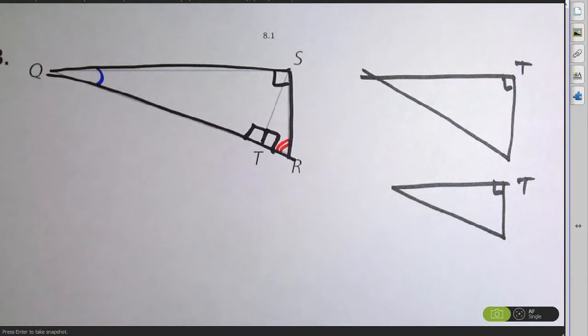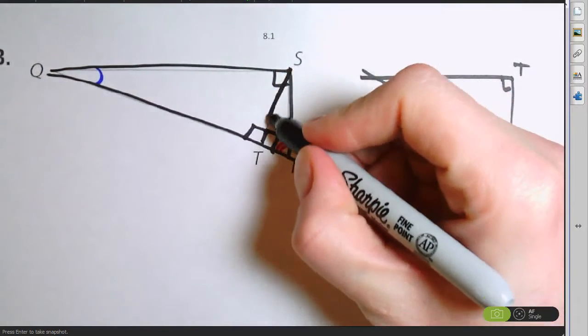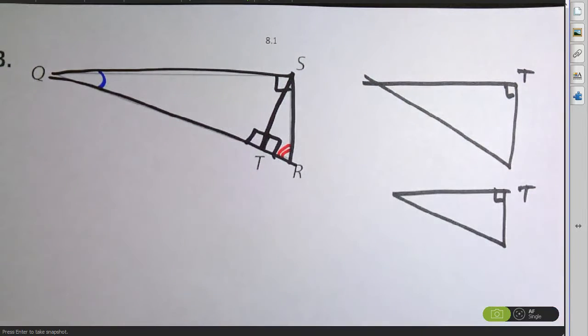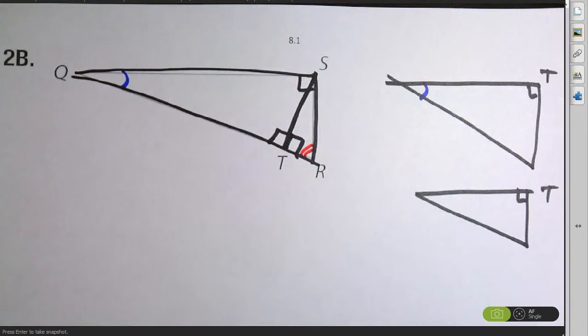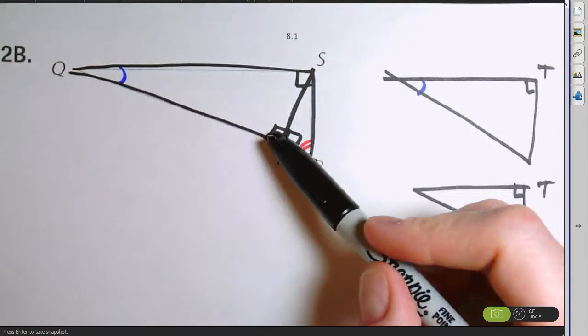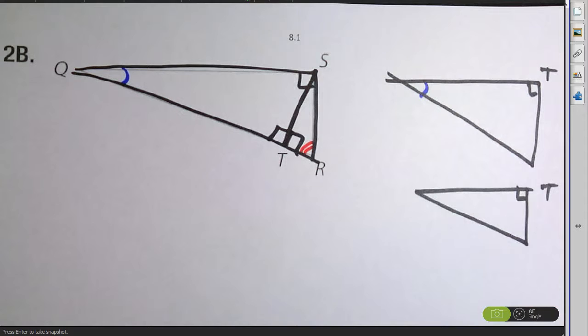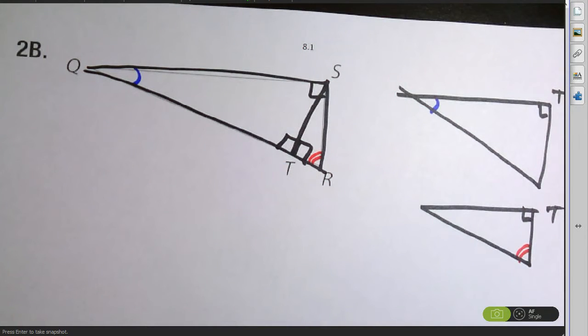Now, this triangle here, STQ, only has the single blue mark. This triangle here, STR, only has the double red mark. And then I just fill in the letters.